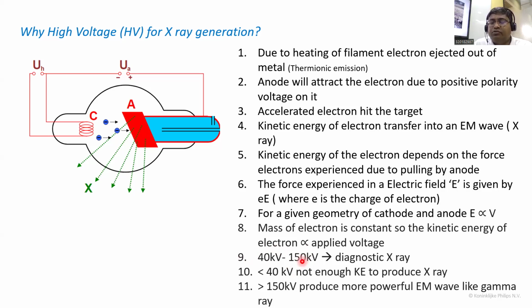Anything above 150 kilovolt will result in such powerful radiation that it will kill the human cells. That is not X-ray, it comes under gamma ray, which is also used for cancer treatment and some other treatment purposes, not for diagnostics or imaging.